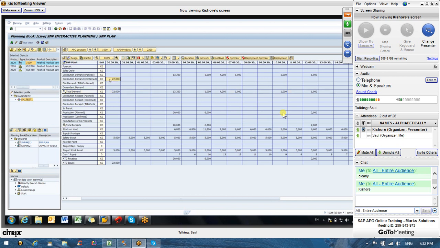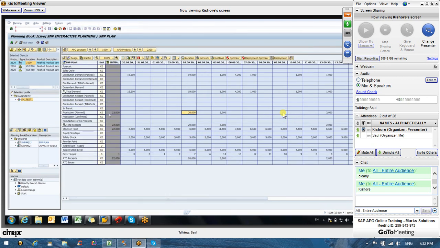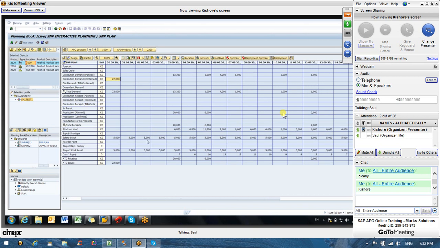So first 22,000 does confirm, because you may be having some stock, some receipts you have. So it confirms the entire 22,000, the beginning of the period is 22.